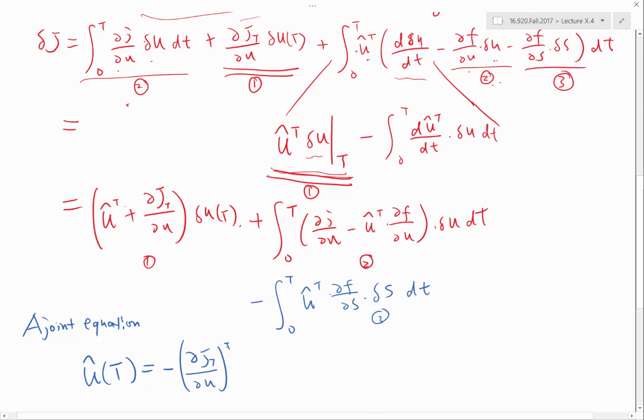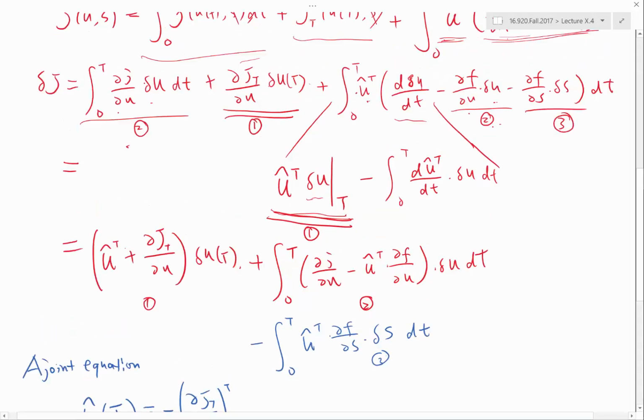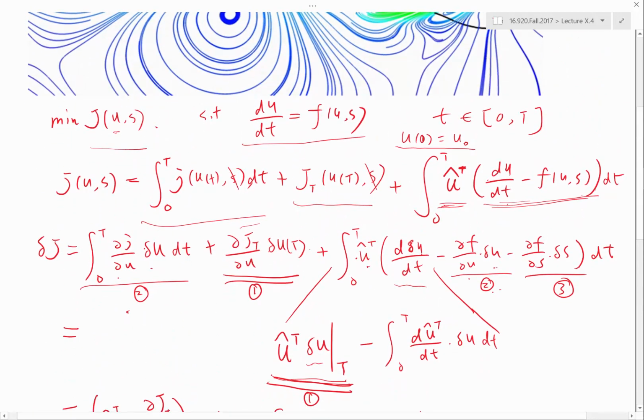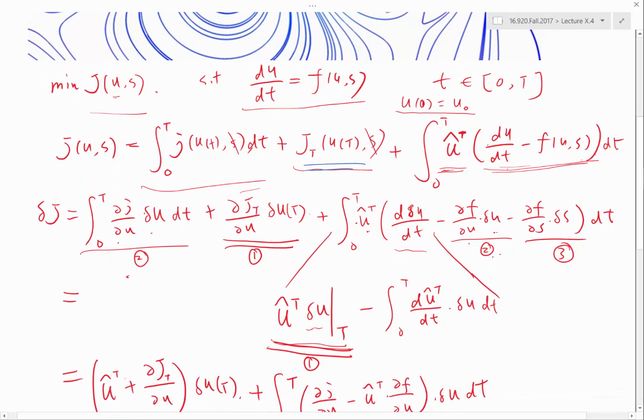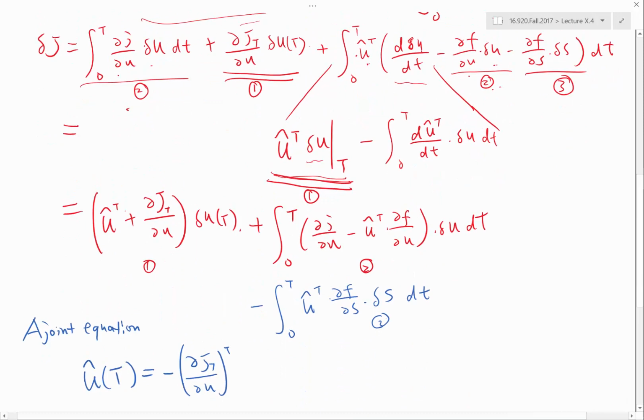So what we see is that the adjoint solution has to be non-zero if the objective function explicitly depends on the terminal solution, right? If I have this term explicitly depending on u_T, then my adjoint has a non-zero solution at the very end. That solution is what you start with, and then you integrate the adjoint equation, which is what makes this 0.